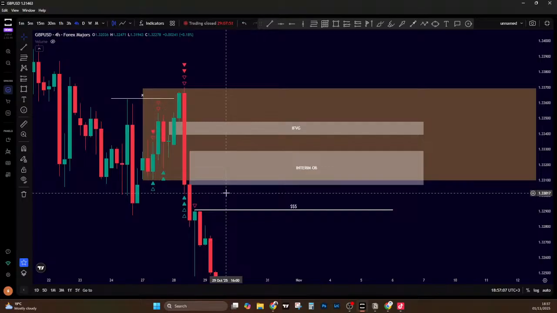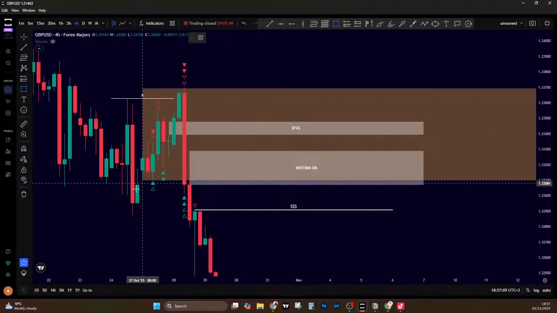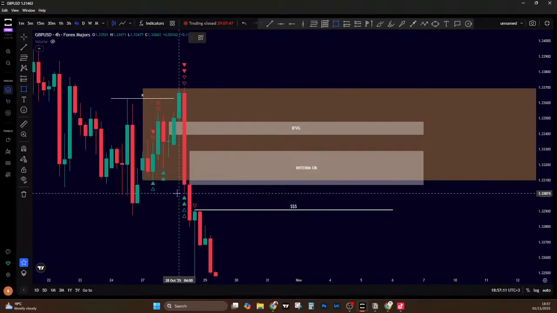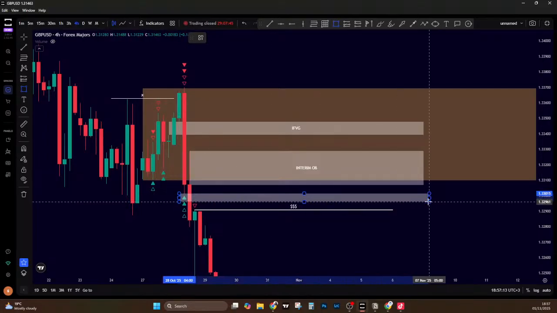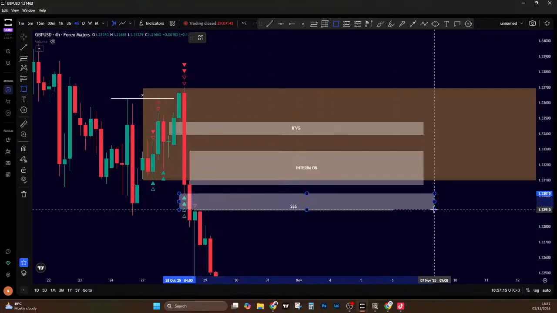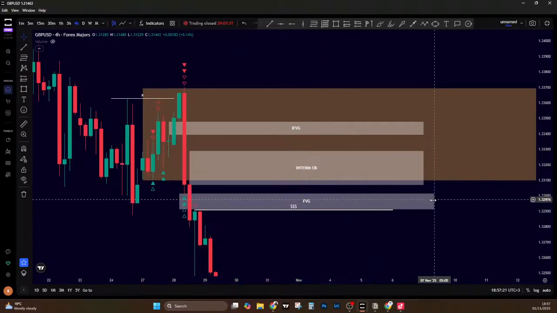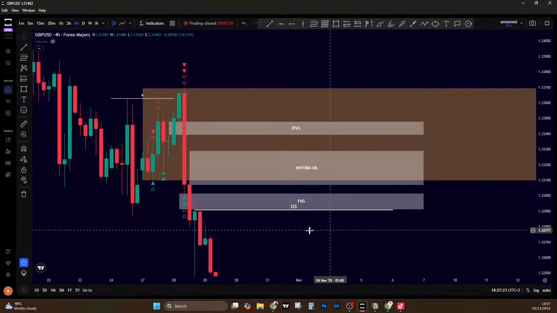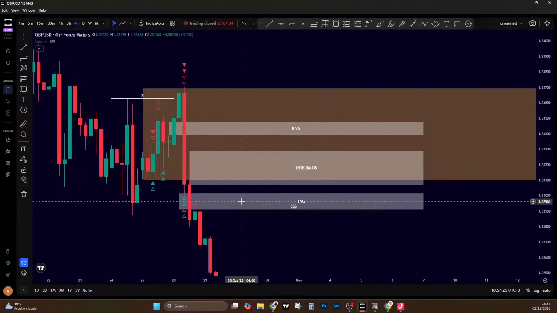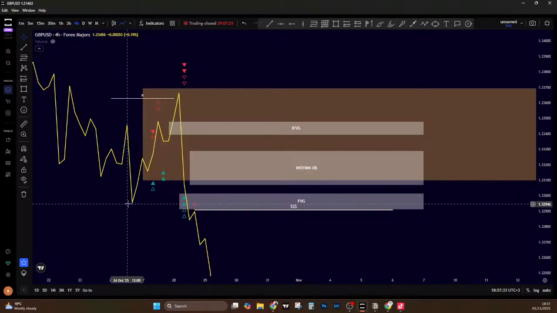And then if you look at this, we have FVG. This is what will be used to take people out tomorrow. You see, we have FVG here. So the FVG is above our liquidity, and it is also around a breaker block.